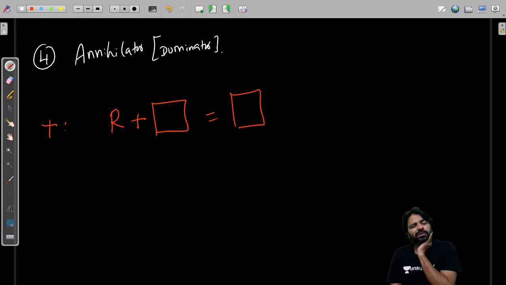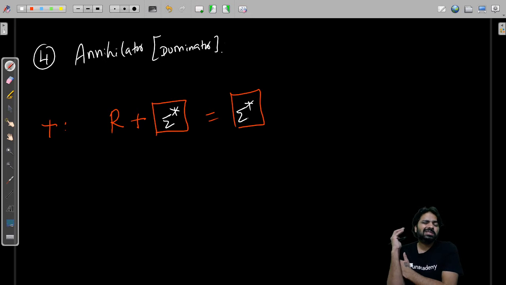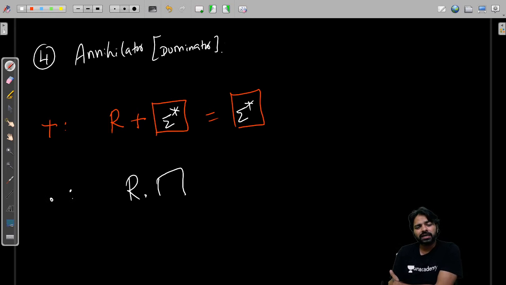Who is the dominator for union, guys? Anybody? Sigma star. If you do sigma star, the result is always sigma star. Sigma star union anything is sigma star. Plus and union only have different symbols, but the meanings are the same. And for dot, do you have any dominator? The result will depend on that, whether you apply it left or right, it doesn't matter.